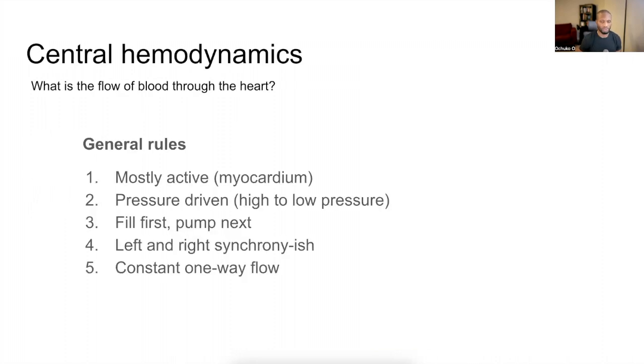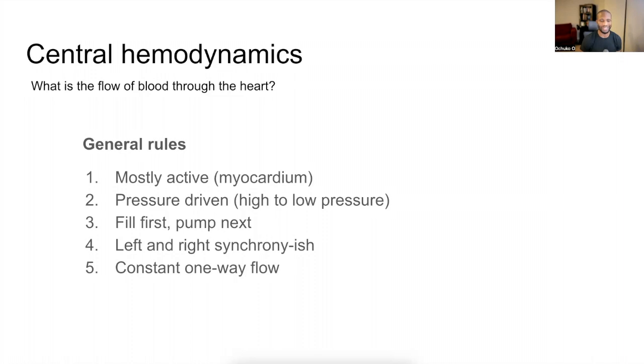And we spoke about some general rules regarding hemodynamics and how blood is moving through the heart. And this was important because this is going to help us understand what we talk about today and some of the disease processes. In general, we said that the hemodynamics, so the flow of blood through the heart, is a mostly active process. And that is being driven by the myocardium.